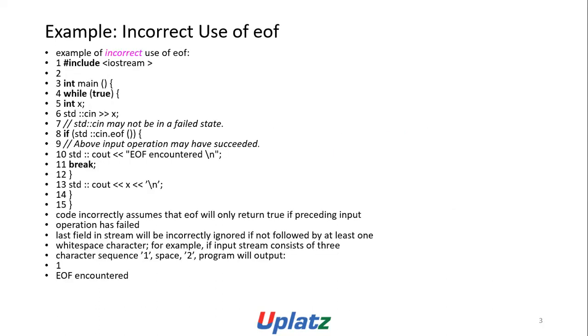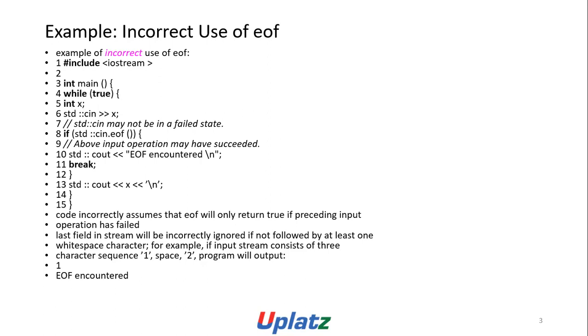Example: incorrect use of EOF. #include <iostream> int main() { while (true) { int x; std::cin >> x; // std::cin may be in a failed state. if (std::cin.eof()) { // above input operation may have succeeded std::cout << "EOF encountered\n"; break; } std::cout << x << "\n"; } } This code incorrectly assumes that eof will only return true if the preceding input operation has failed.